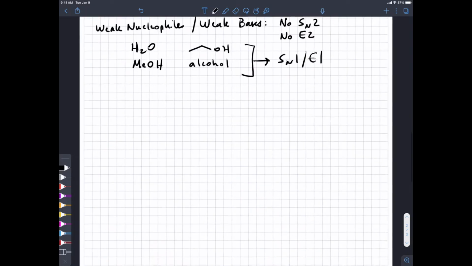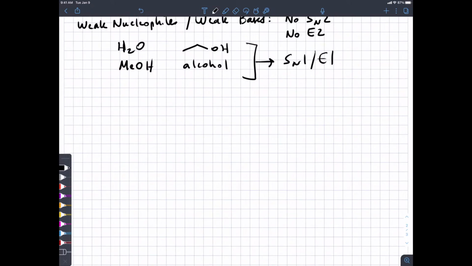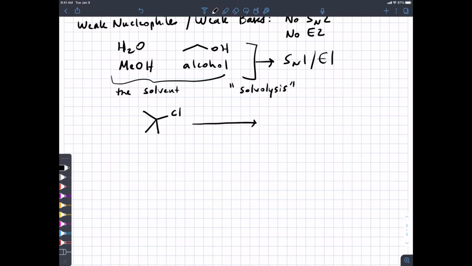And often in these types of reactions, the nucleophile that we use is in many cases also the solvent. So these reactions are sometimes called solvolysis reactions. An example of that is this tertiary alkyl halide. It's not going to do SN2 because of sterics.